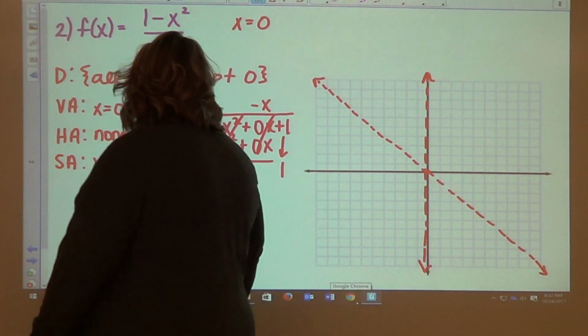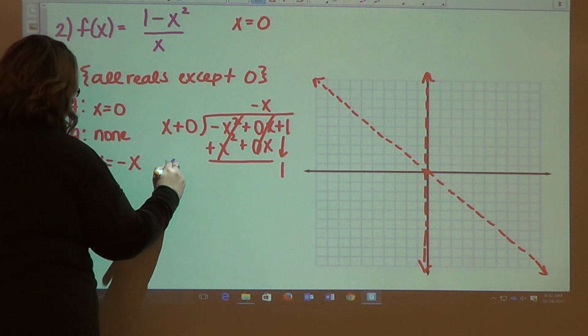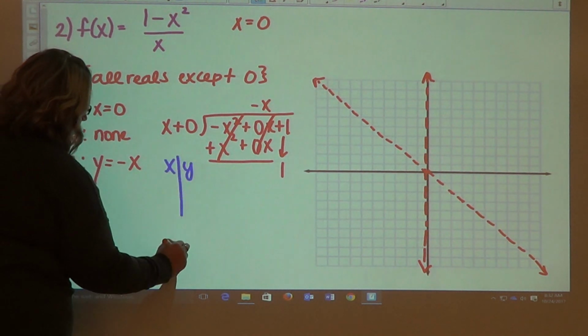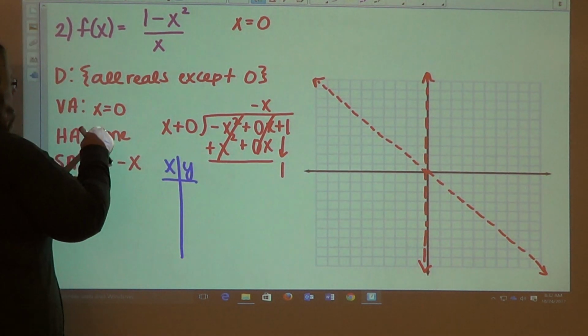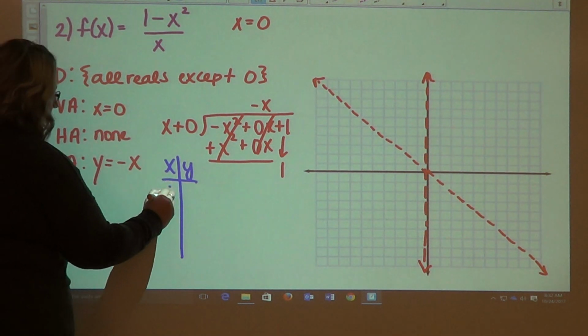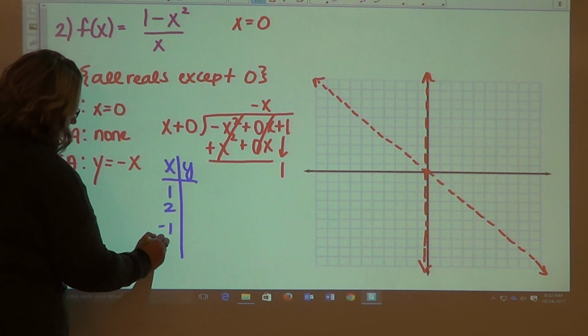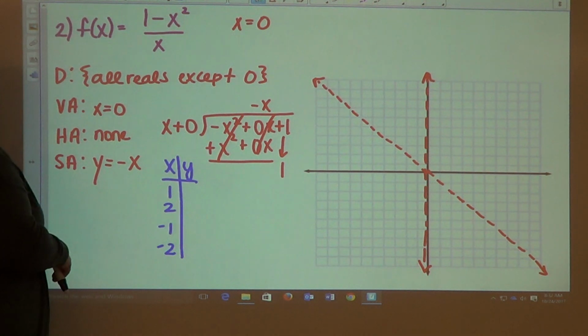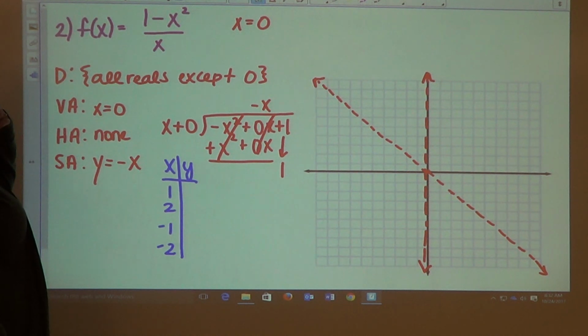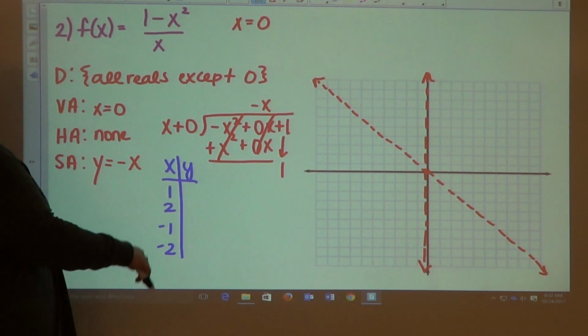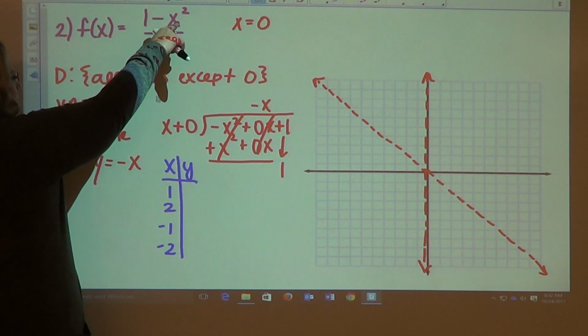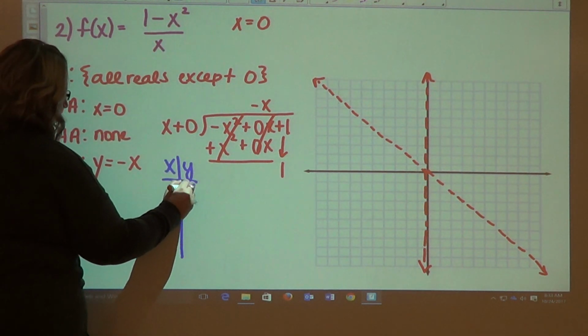Okay, so when I plug in numbers, I plug in 2 on each side of my vertical at 0, so I'm going to plug in 1 and 2, -1 and -2. Okay, so when I plug in 1, I get 0 on top. Well, 0 divided by anything is 0.